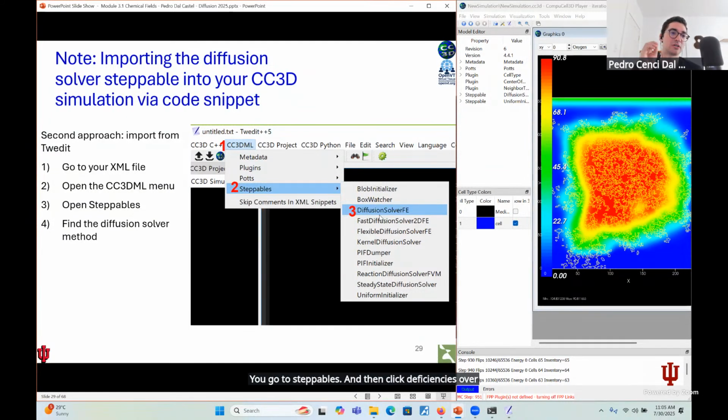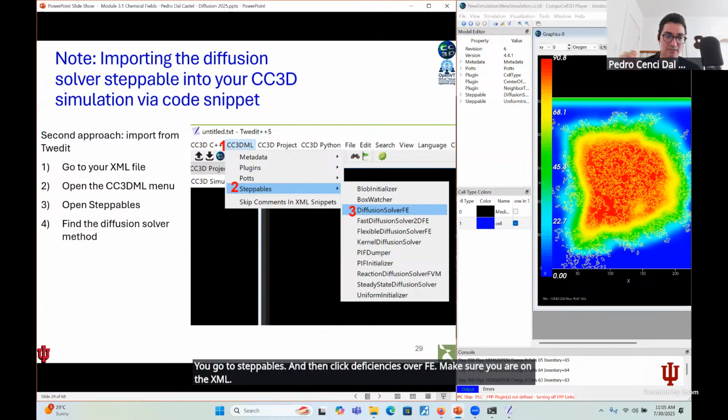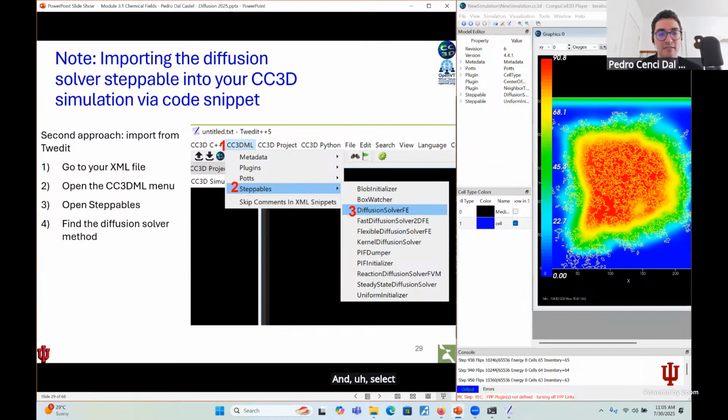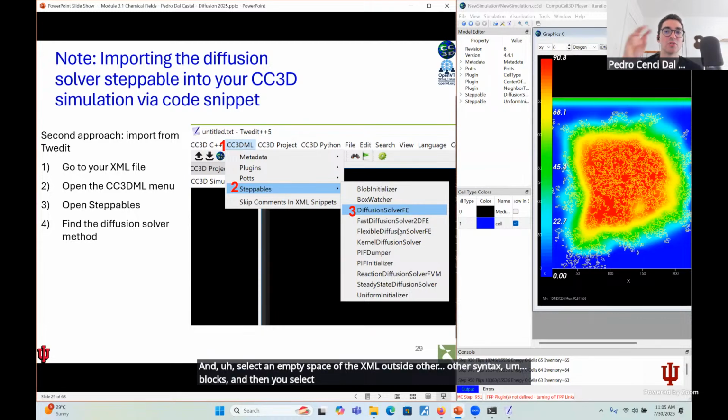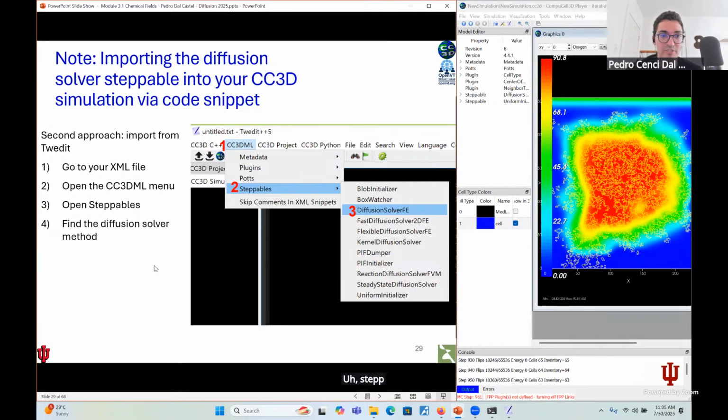Make sure you are in the XML and select an empty space of the XML outside other syntax blocks. Then you select your diffusion solver, and it will insert a diffusion solver into your simulation.